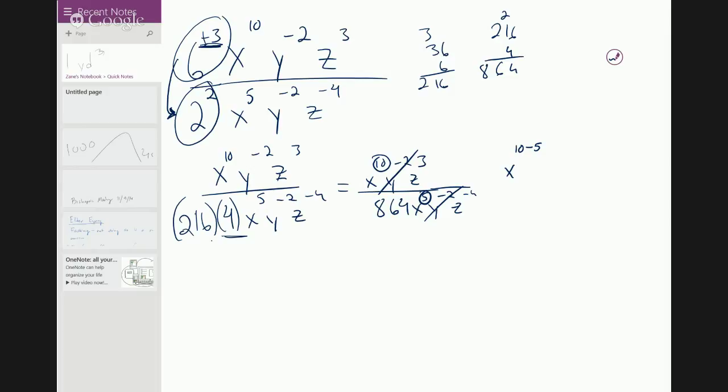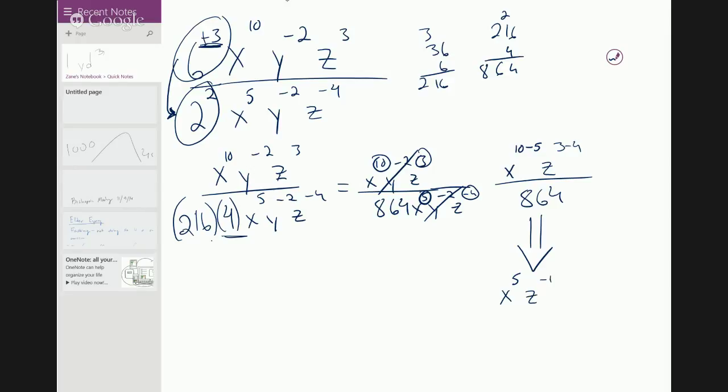Looking at z's, the exponent of 3 is definitely larger than the exponent of negative 4, so we have z to the 3 minus 4, and down at the bottom I still have my 864. To finish, x to the 10 minus 5 is just 5, and z to the 3 minus 4 is just negative 1.